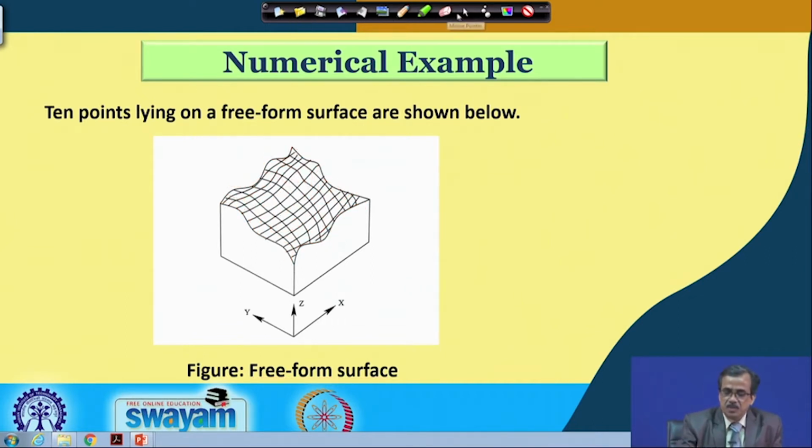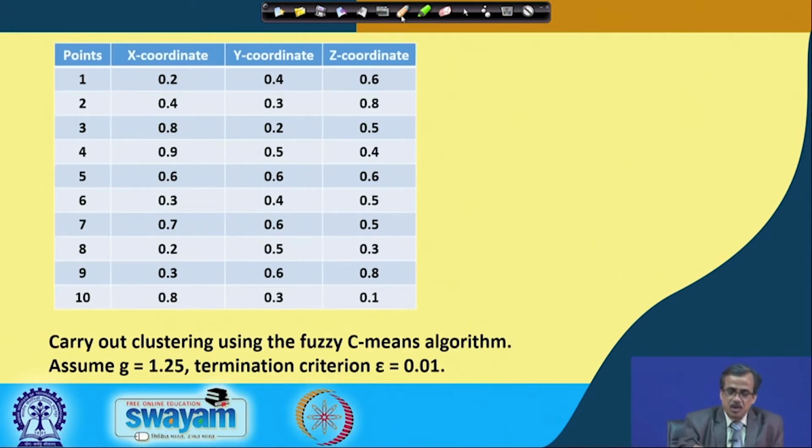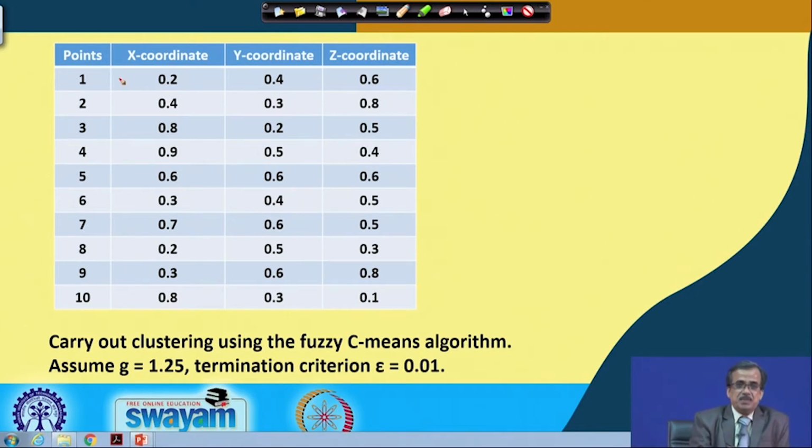As I told you, I have considered only 10 points so that I can show you the hand calculation, but truly speaking, on the surface you will have to generate a large number of points, like 1000 points, 10,000 points. For this numerical example I have just considered 10 points selected at random, and these points are lying on the free form surface.